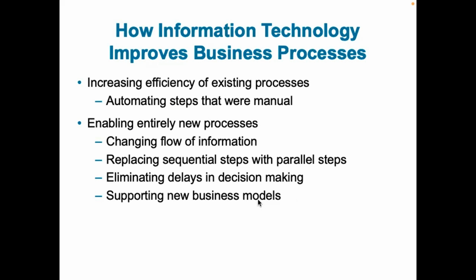So if you tie it to last week, one of the key reasons why an organization may invest in an information system would be survival. If you want to survive and you want to have a complete re-engineering of your business process, you may as well just adopt a new business model that the new technology will be able to support. So two points on how information technology can improve business process: it can either be incremental or it can be transformational.